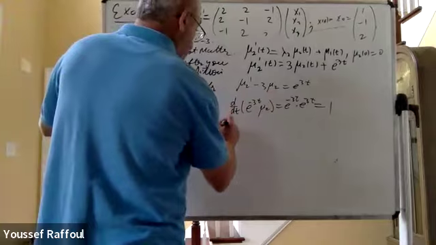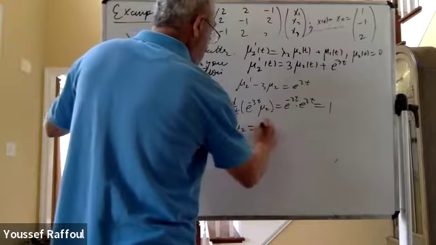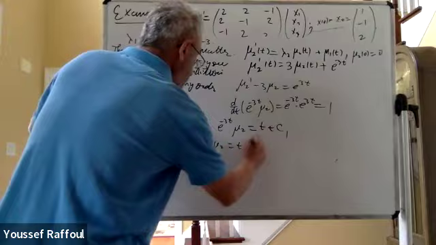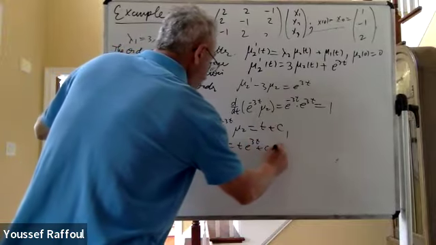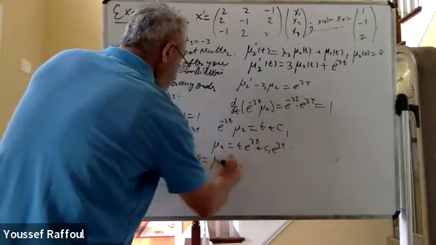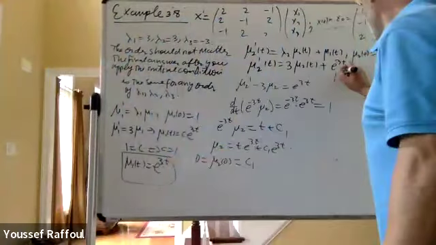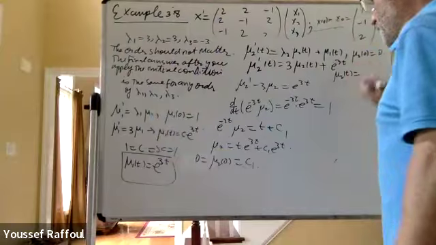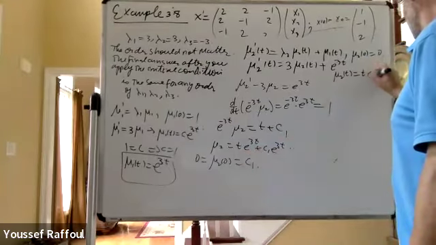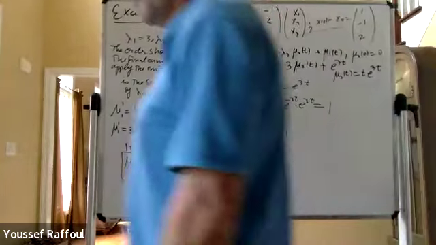So integrate. If you integrate, you get e to the minus 3t mu2 equal t plus c1, or mu2 is t e to the 3t plus c1 e to the 3t. Now 0 equal mu2 of 0, that is c1. So mu2 of t, c1 is 0, is t e to the 3t. Okay? Take a look at what I did.